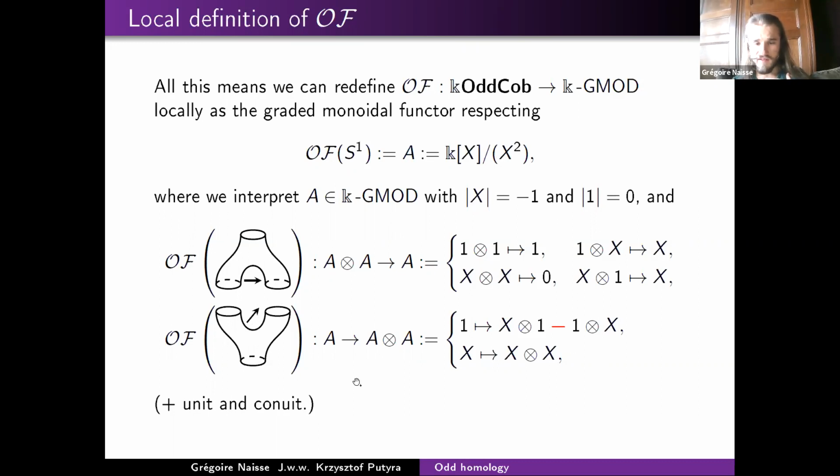And you can see that they basically coincide with the usual one, except that you put a minus sign here for the comultiplication. And you don't need to think about things globally, like multiplication on the left and so on, because all these signs are completely encoded in the fact that you end up in this graded monoidal category. And so all the signs are given by the graded tensor product there, which I think is quite nice.